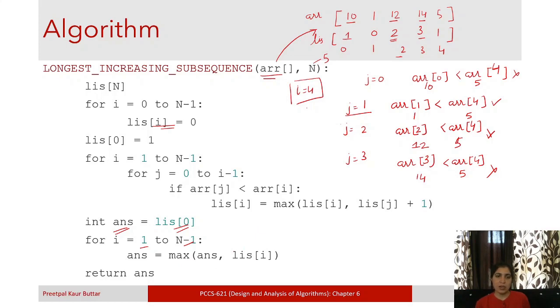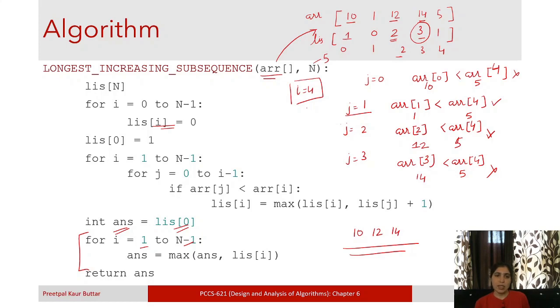Okay, so this is the normal code which you write to find the maximum value in an array. And here in this particular example you will see that the maximum value is 3. So the length of the longest increasing subsequence is 3, and the subsequence is 10, 12, 14.